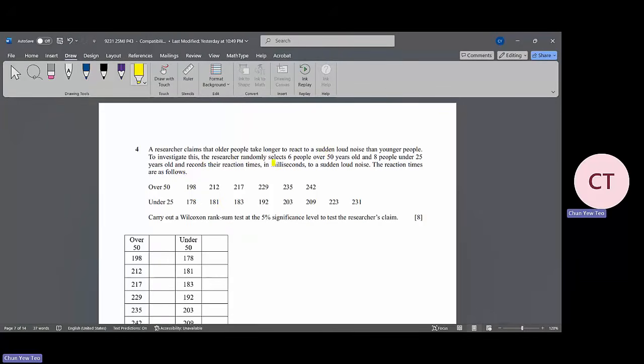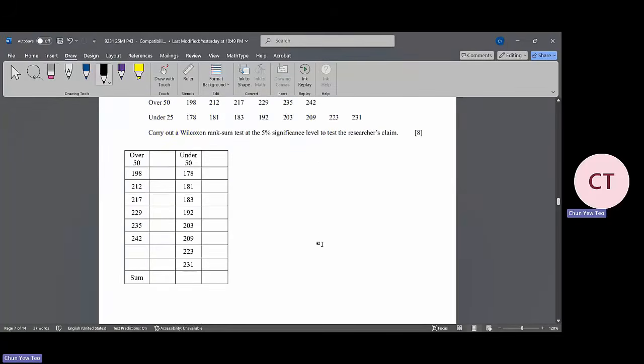To investigate this, the researcher randomly selects 6 people over 50 years and 8 people under 25 years. Records their reaction times in milliseconds to a sudden loud noise. Reaction times, this one is under 50. Okay, we take a look at the questions over here. We want to carry out a Wilcoxon rank sum test at 5% significance level to test the researcher's claim.